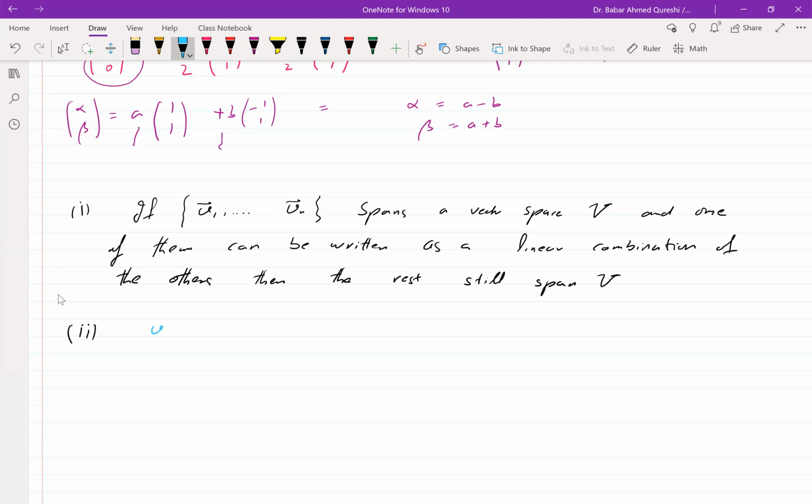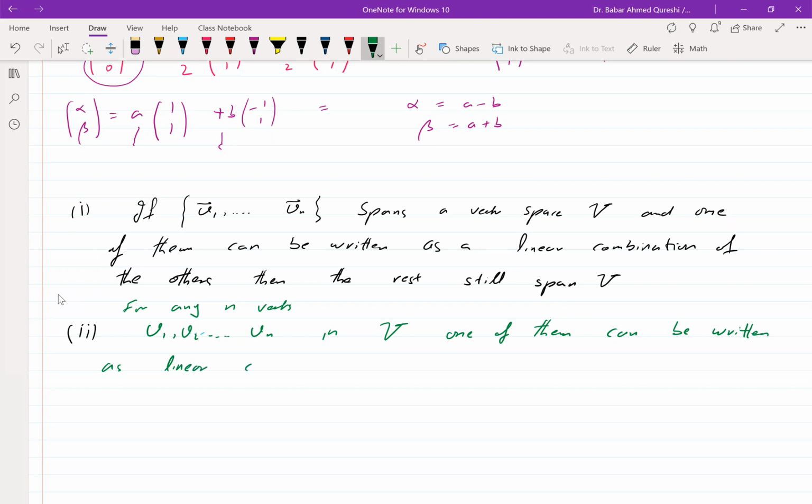That if you are given, for any n vectors in a vector space V, any vector space, not any particular one, one of them can be written as a linear combination of others if and only if this holds.